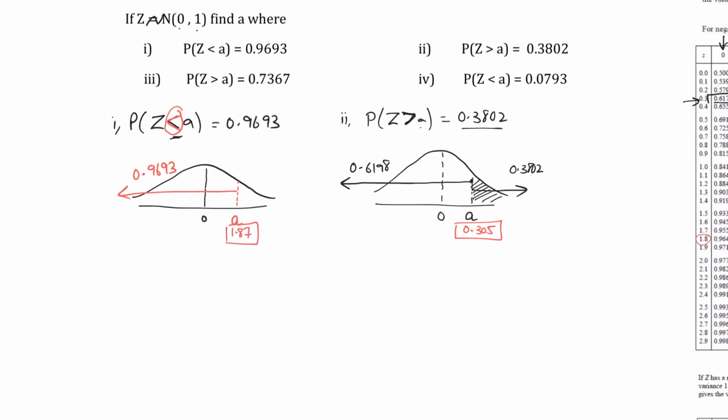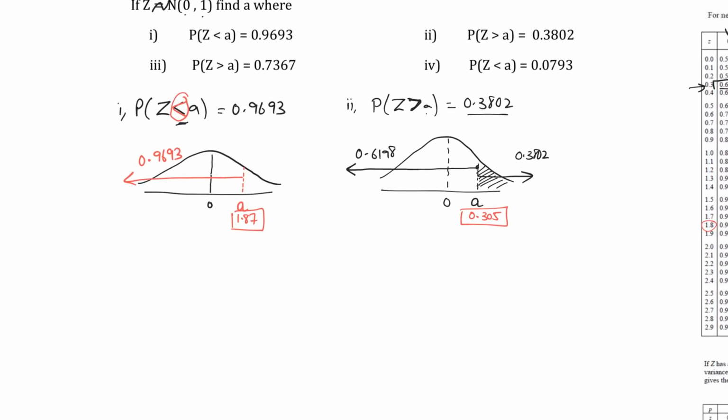Now the third part says find the probability of Z greater than A equals 0.7367. You need to find the value of A, not the probability. The probability is given. So let's draw this curve again.